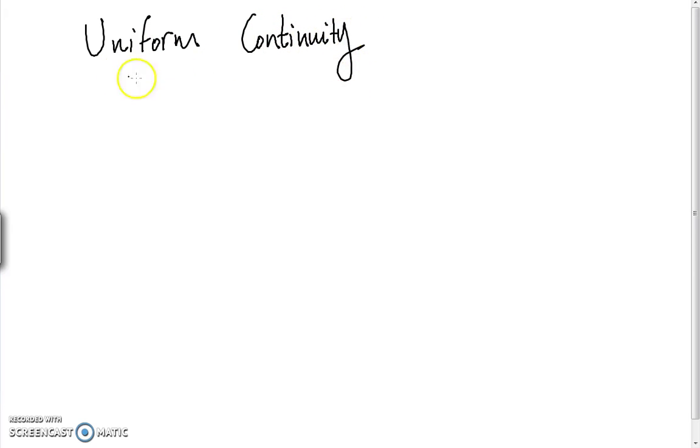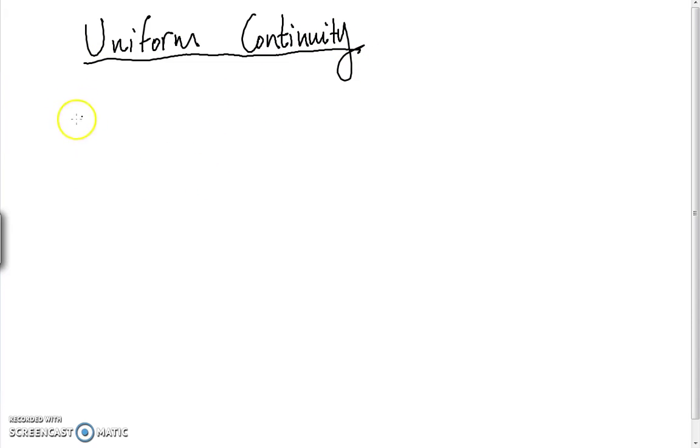If not, then I'll put the proof as a link in the description box. So there's an important concept that we need to talk about called uniform continuity. So what does this mean?